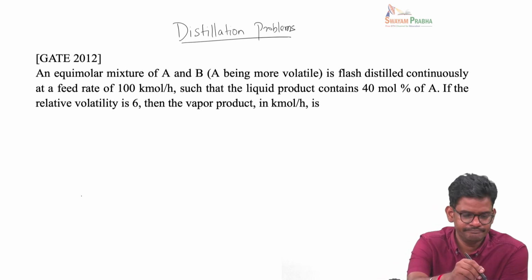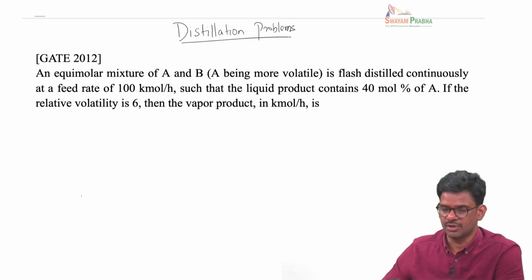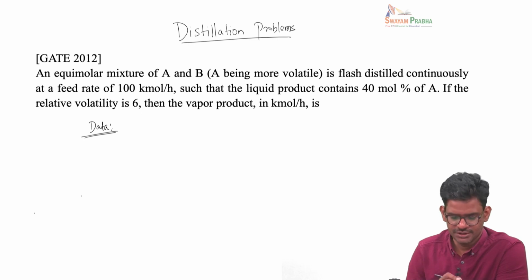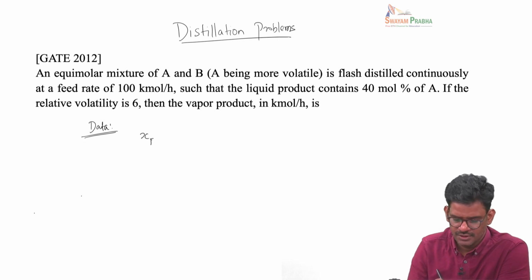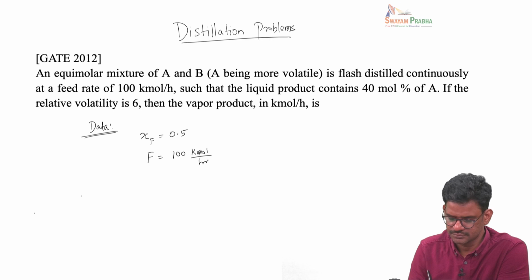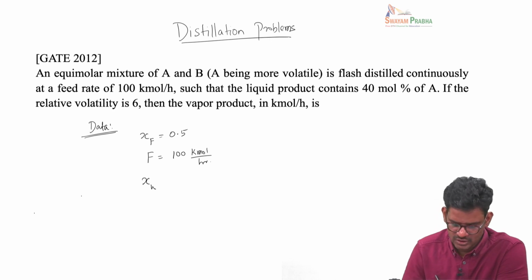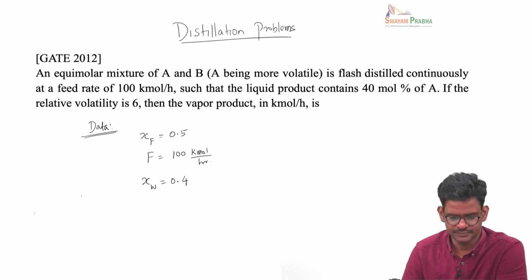First, we will write down the data given in this problem. So the data: it is an equimolar mixture, so the feed composition is 0.5 and the feed rate is given as 100 kilomole per hour, and the liquid product contains 40 mole percent of A. So that is, the residue composition is 0.4 and the relative volatility is 6.